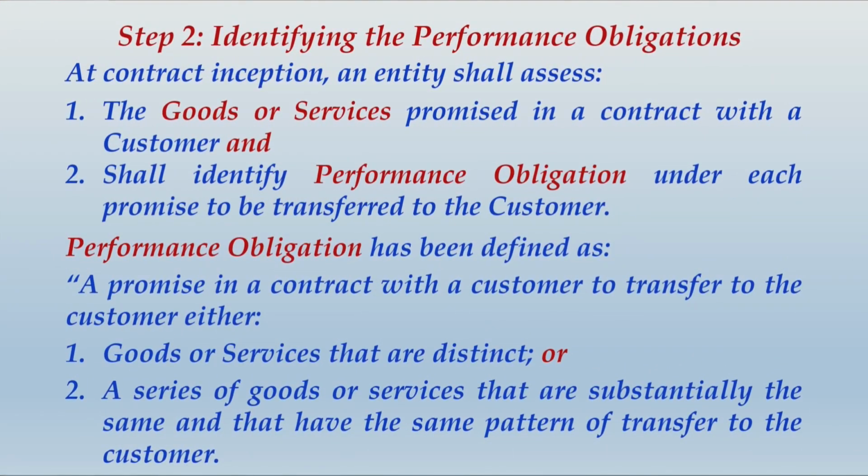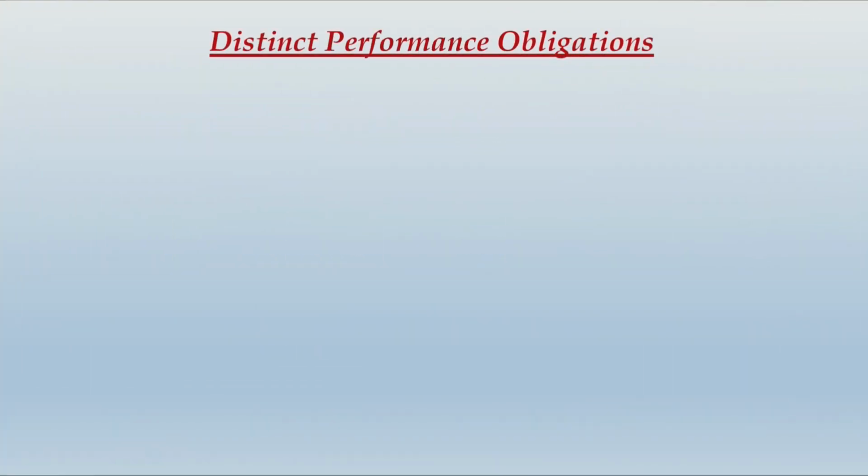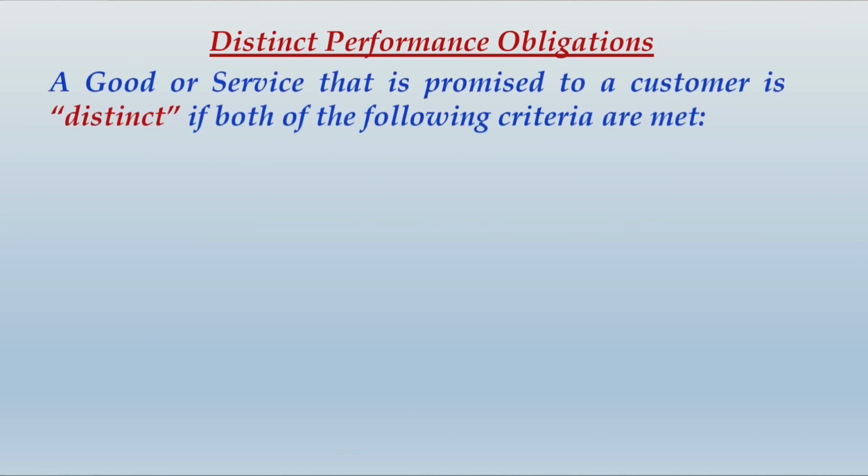Alright friends, once you have completed writing these points, let us move ahead and talk about distinct performance obligations. A good or service that is promised to a customer is distinct if both of the following criteria are met.